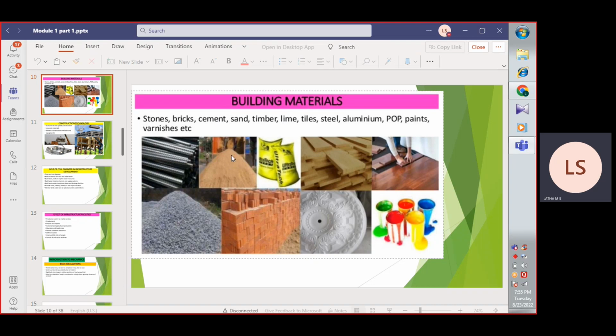This is sand, which is used as a matrix in concrete. Concrete is made up of cement, sand, and coarse aggregate, and this is a matrix of cement, sand, and coarse aggregate.